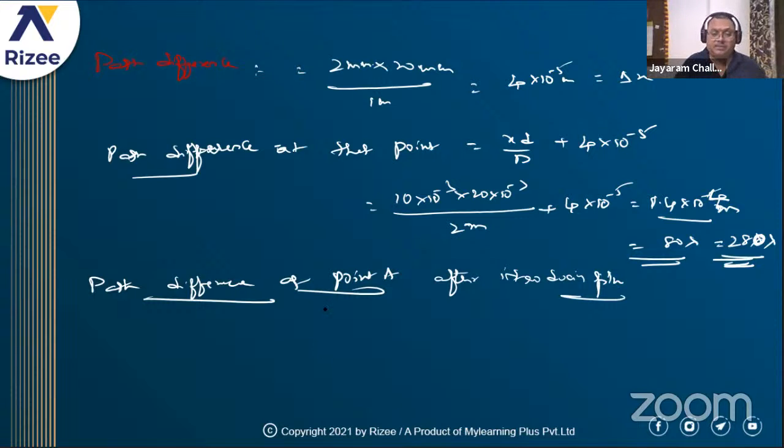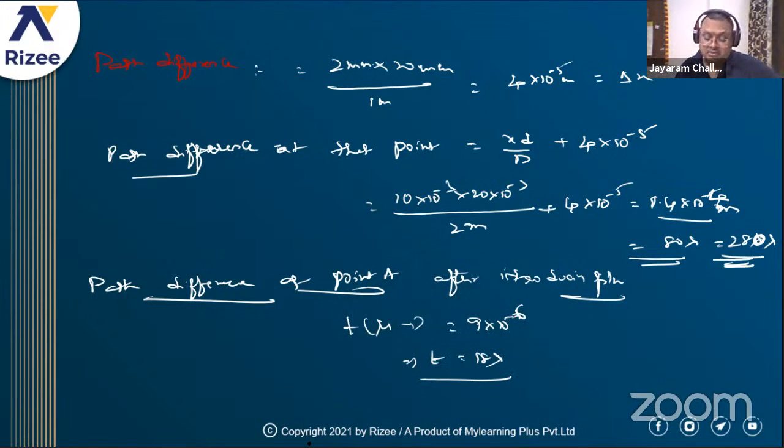After introducing this, the path difference is equal to t into mu minus 1, which is equal to 9 into 10 to the power of minus 6. From this, the relation gives t equal to 18 lambda, the thickness.